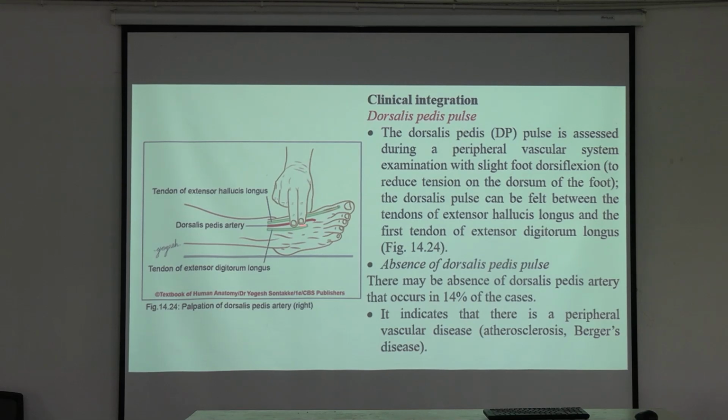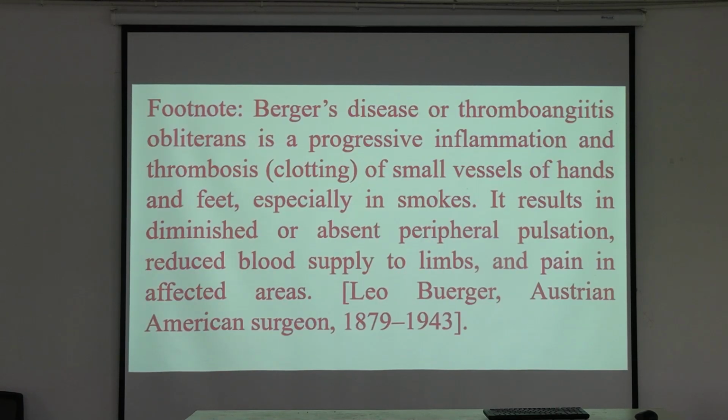In Buerger's disease, if it is absent, okay, then we can appreciate that patient might be having some atherosclerotic changes, which is called Buerger's disease. Already I have mentioned. Thromboangiitis obliterans you will know in pathology. Okay, what is called thromboangiitis? Thrombo means thrombus.